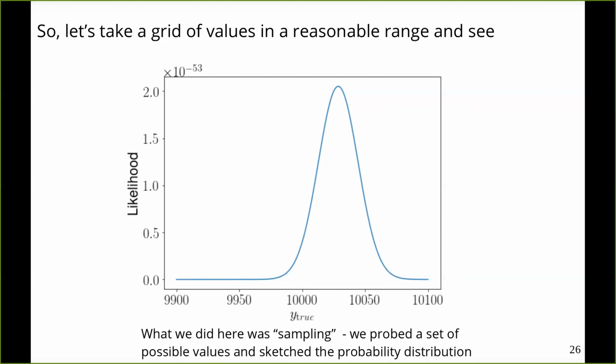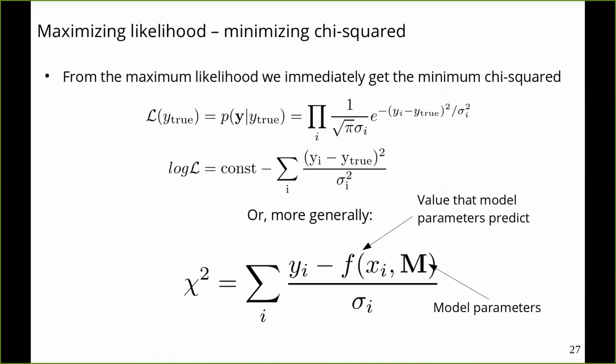So knowing this shape is very important. Also, it could be, for example, that the maximum is not so well defined. The maximum of your likelihood could be very flat and make multiple values equally plausible. And you want to know that by sketching this distribution here, right?